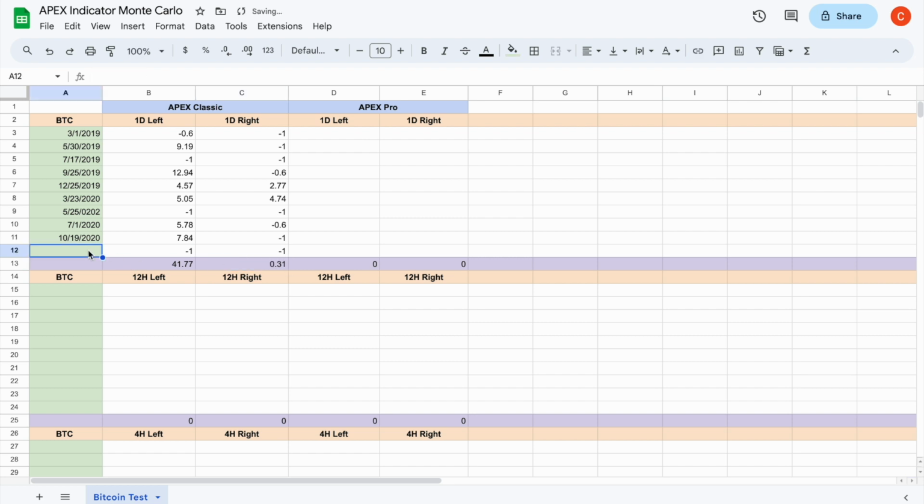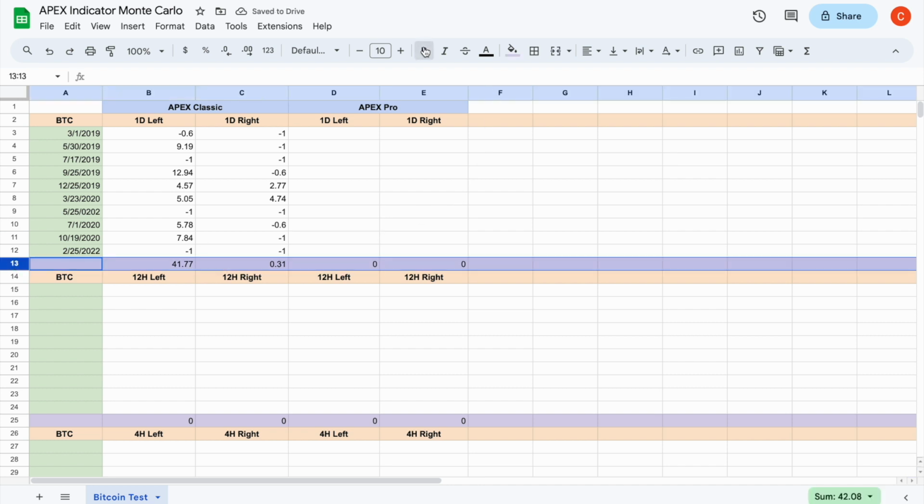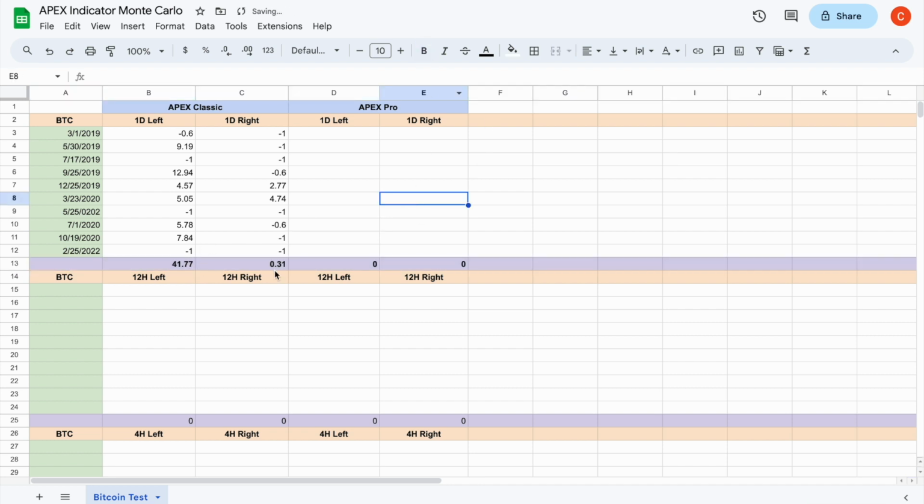So that is 2/25/2022. Our total right here is 41R plus 0.31, which would have basically been 42. 41.77 plus 0.31. Again, I apologize, I'm just making it real for you.